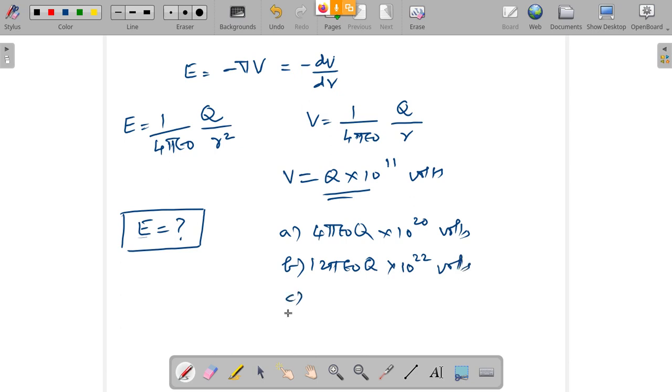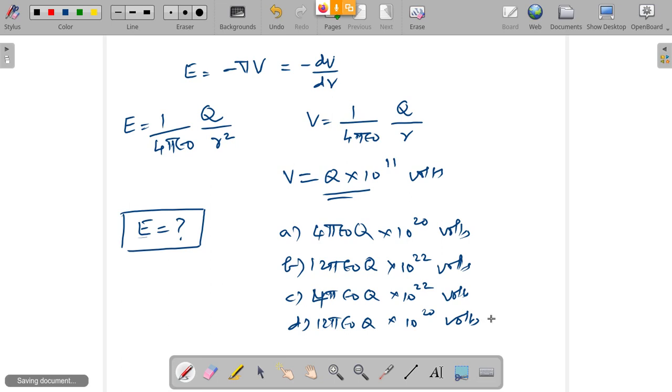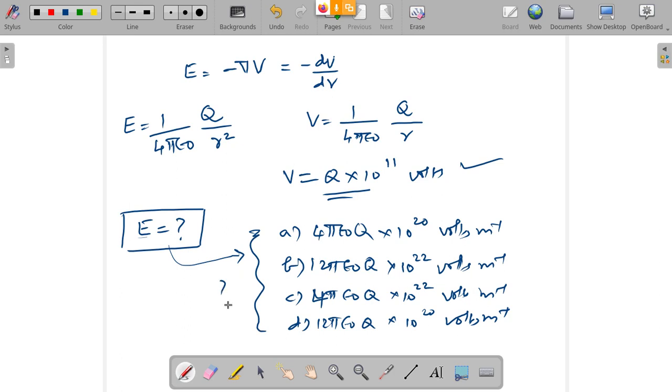Third choice is again 4 pi epsilon naught q into 10 power 22 volts. The fourth choice is 12 pi epsilon naught q into 10 power 20 volts. Here it is electric field, so it's volts per meter. Potential is already given. We want to get the electric field. Which of the four is the electric field? You have to work out and tell me.